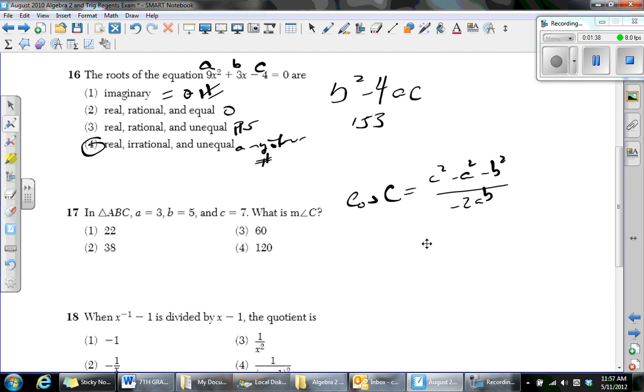And plugging in your values, we get 7 squared minus 3 squared minus 5 squared, all divided by negative 2 times 3 times 5.